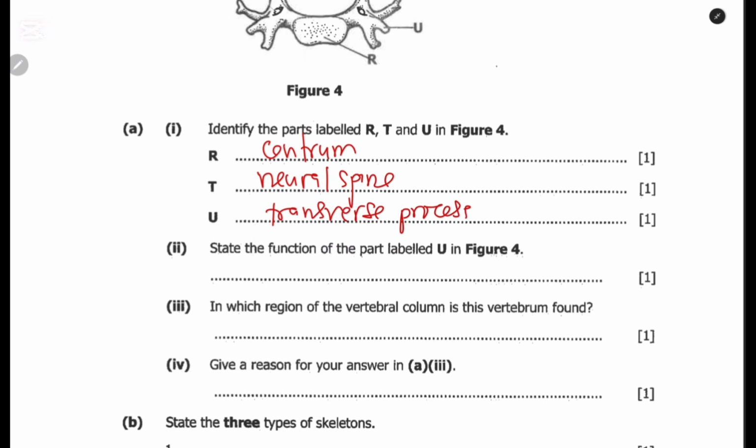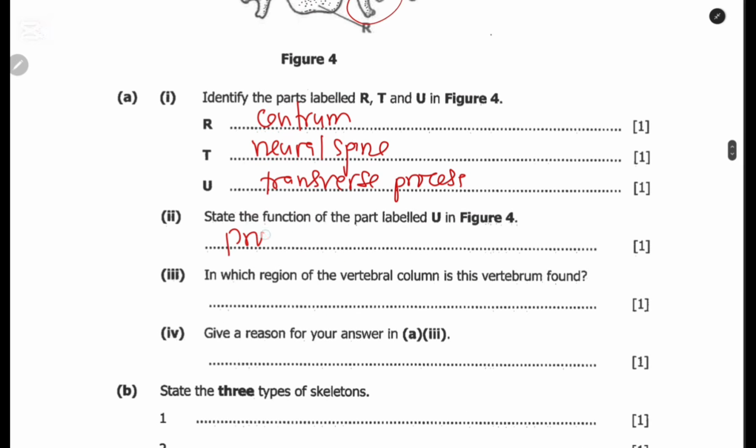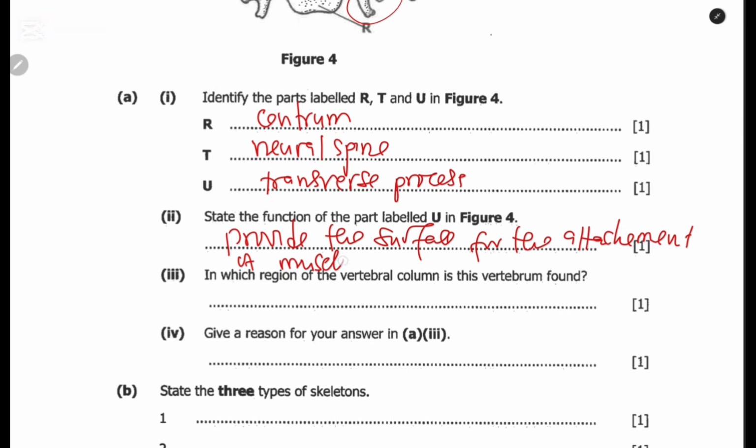Question 4 (a), state the function of the part labeled U. So the part labeled U is this one. That one provides the surface for the attachment of muscles.